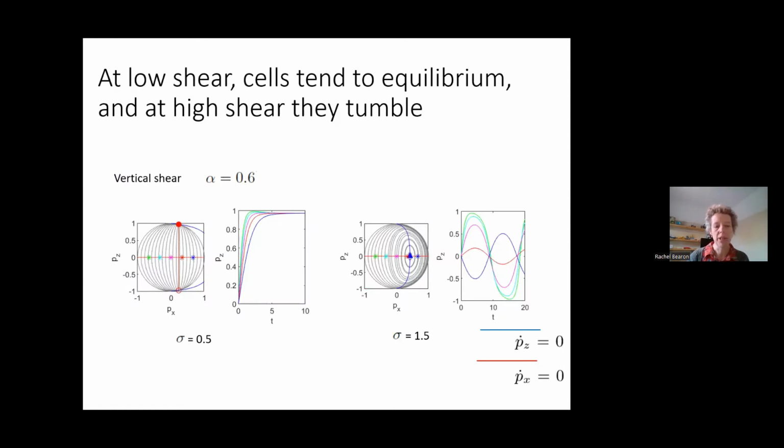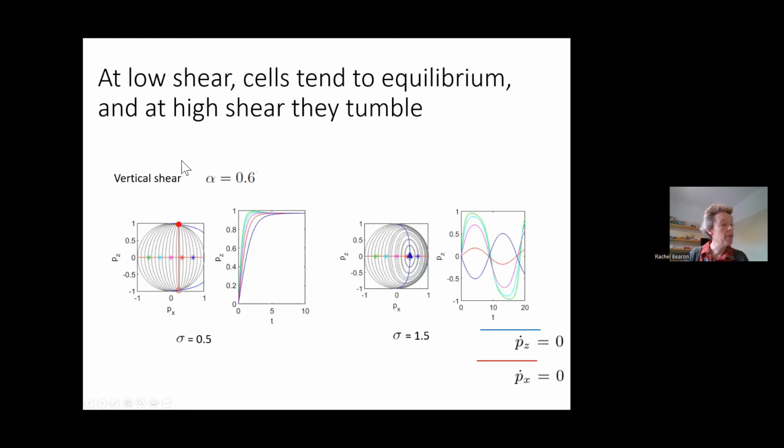But before I go on to explaining that global stability, let me just highlight what happens in general. And this is something that was well known already. But I'm just going to orientate you with some phase portraits to help me talk through some of the later data.